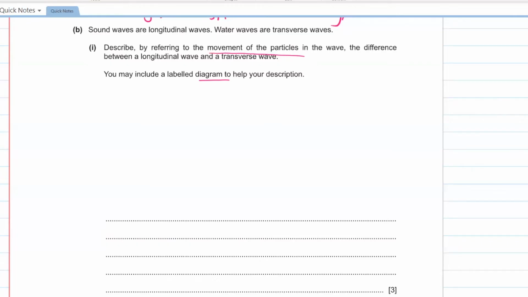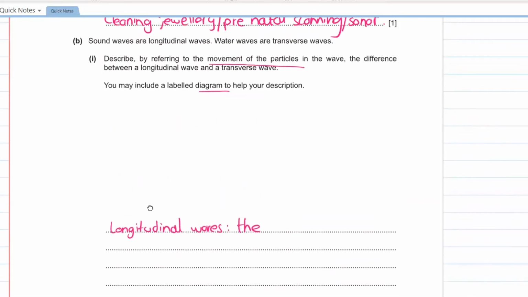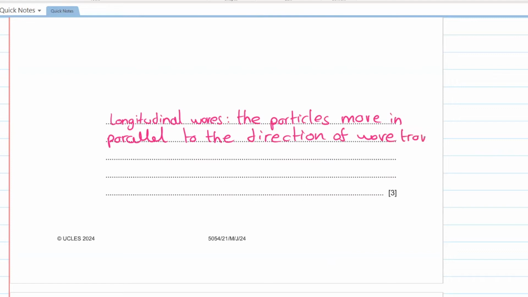Yes. How will you tell this, beta? Anyone else? In longitudinal waves, the particles move in parallel to the direction of wave travel.